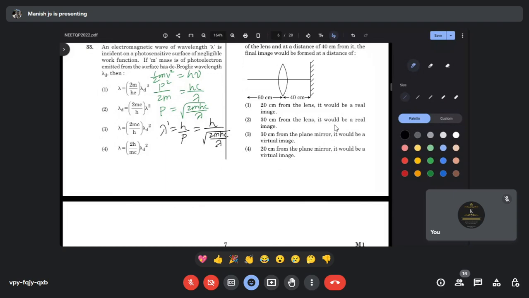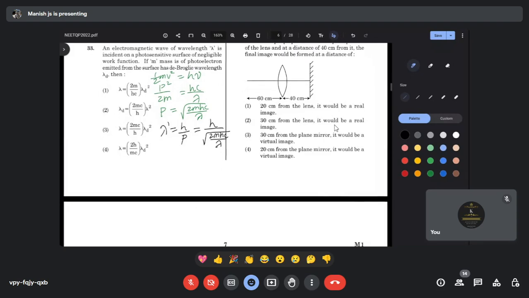Bring the lambda out. To bring it out, we have to square it. So if you square, what are you getting? You get 2mhc by lambda is equal to h squared upon lambda dash squared. This is the relationship.